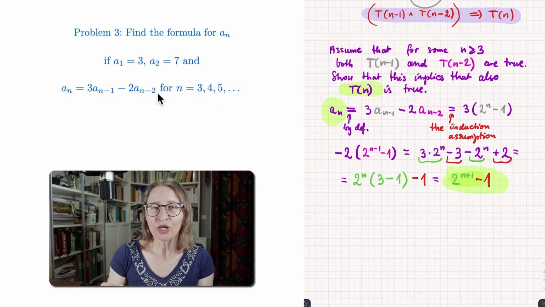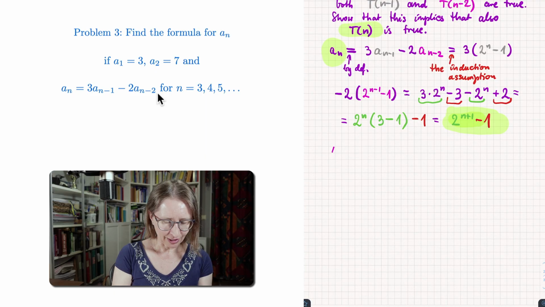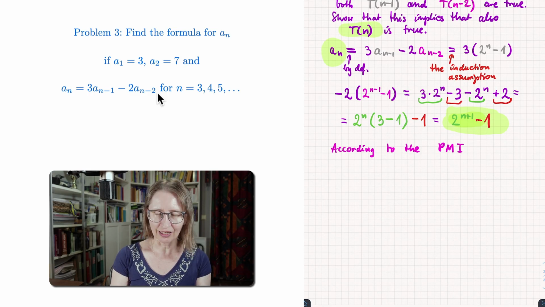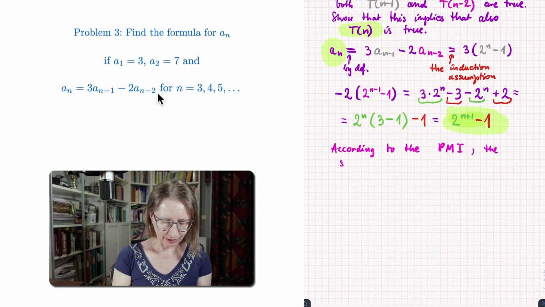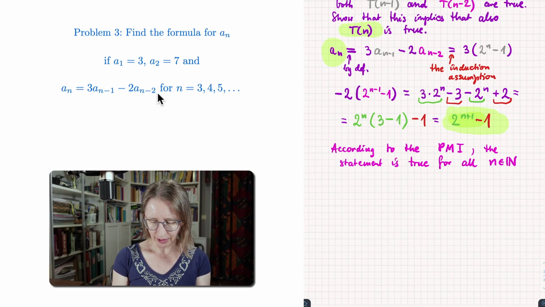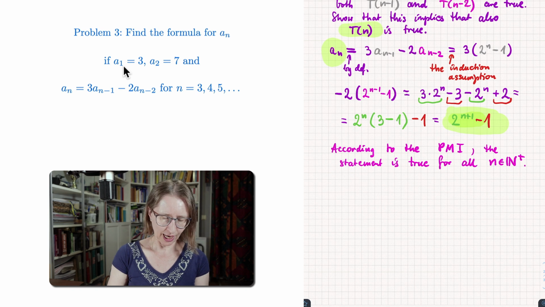So we are done. So now this last magical statement, according to the principle of mathematical induction, PMI, the statement is true for all n in natural positive numbers, because, well, we start with a1, right?